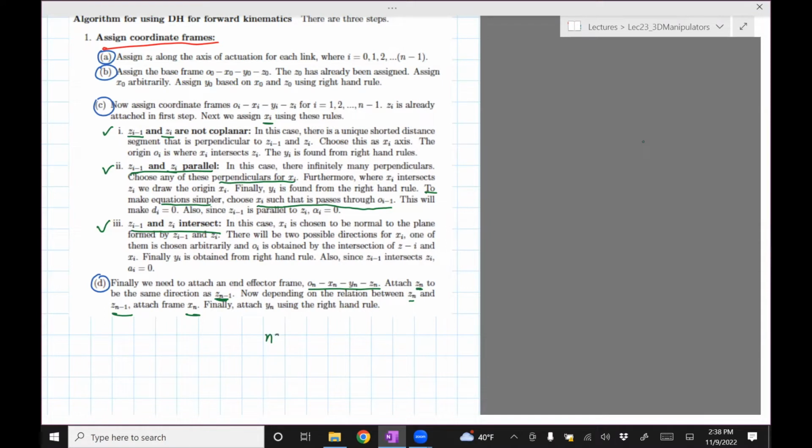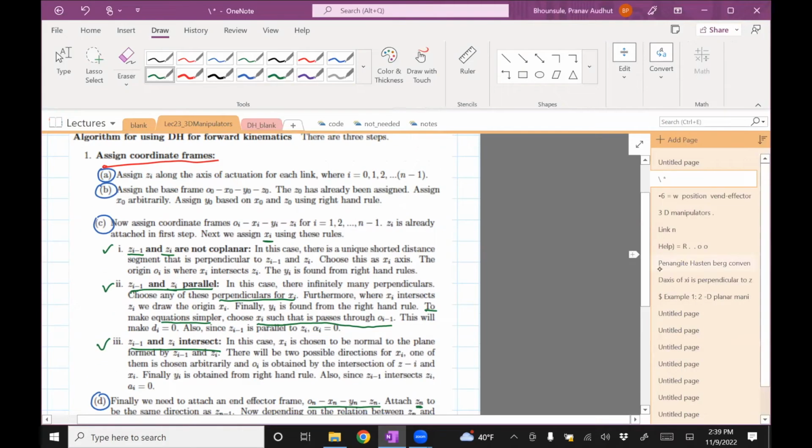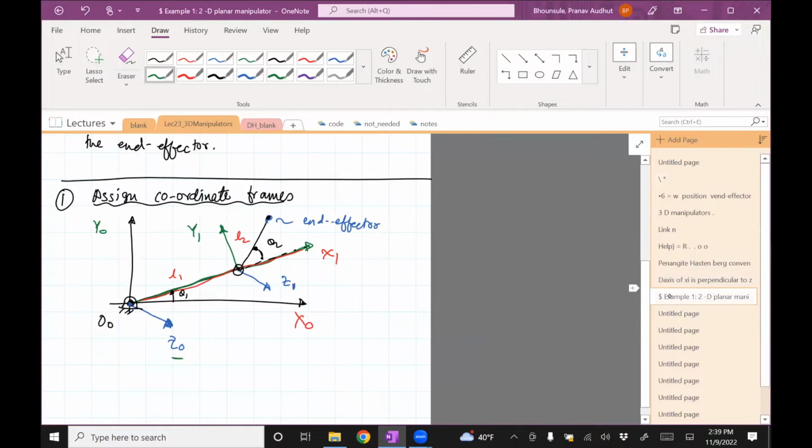So here n equals 2. So we need to look at the relation between z2 and z3. Back. So same direction as z1. This will be z2. The same direction as z1.